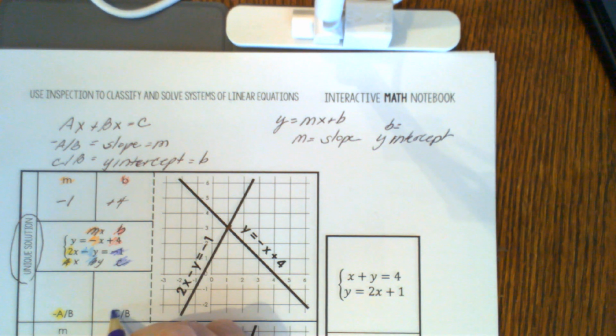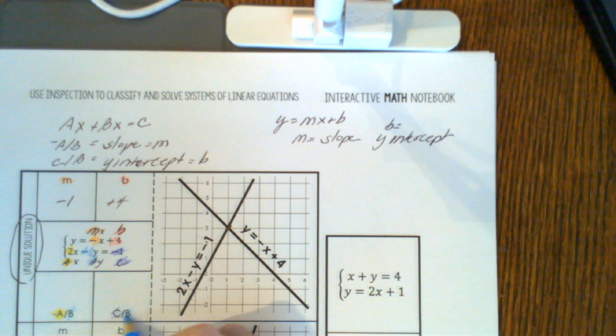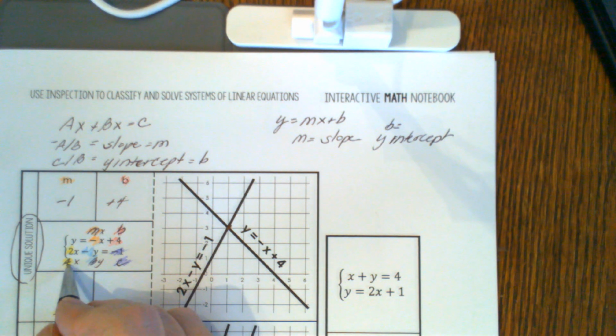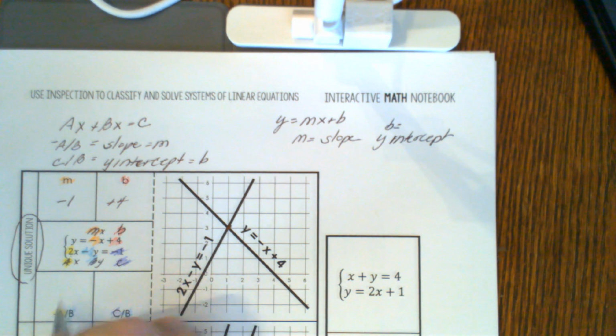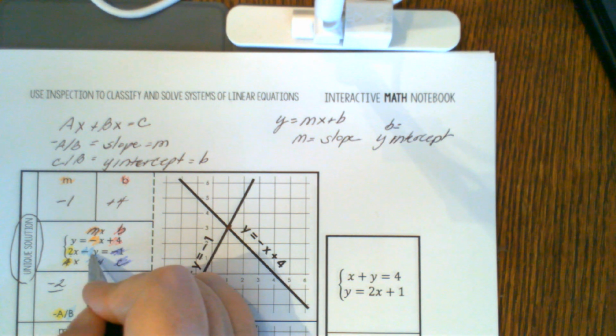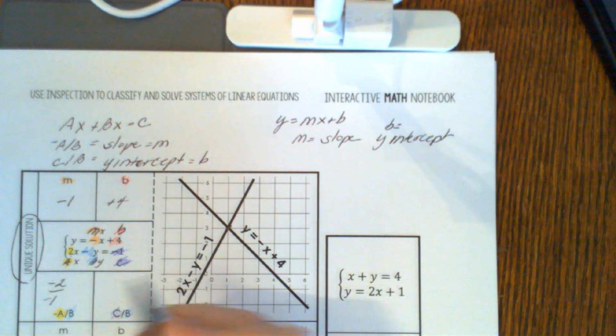C is the purple, and b is the blue. So a, which is 2, and remember this is negative 2, divided by b, which is negative 1. That's why I highlighted the negative sign, so remember to make that.